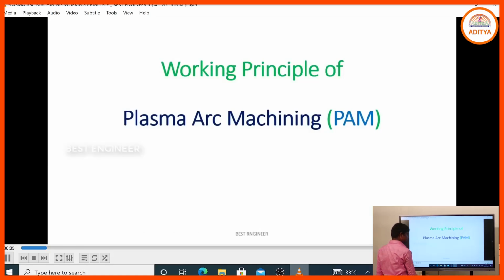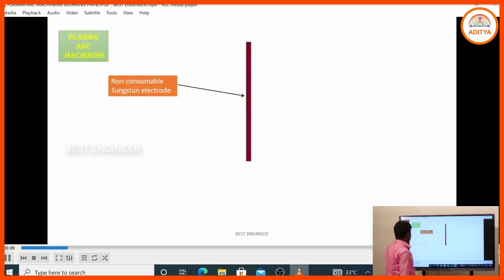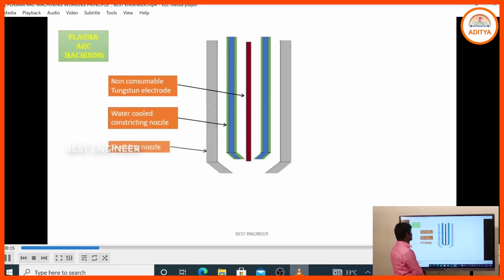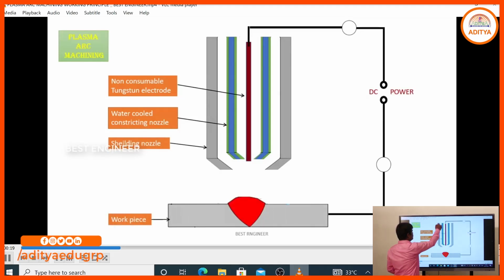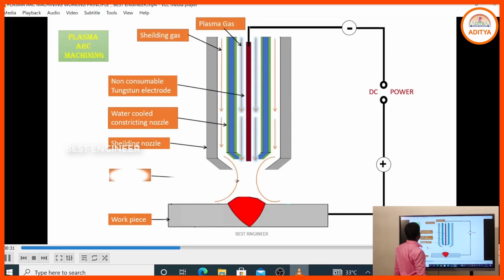Plasma arc welding: this is the non-consumable tungsten electrode, a water cooled constricting nozzle for controlling the temperature, and a shielding nozzle through which we provide the shielding gases, and through which we provide the plasma gases. This is the DC power source, workpiece, plasma gases, shielding gases.